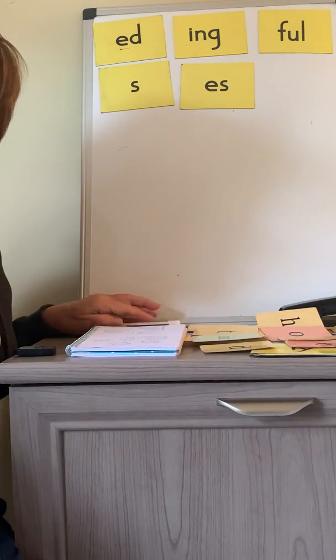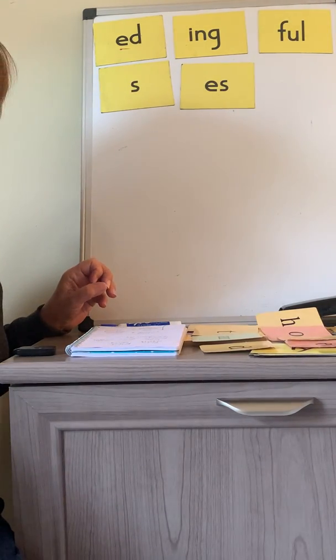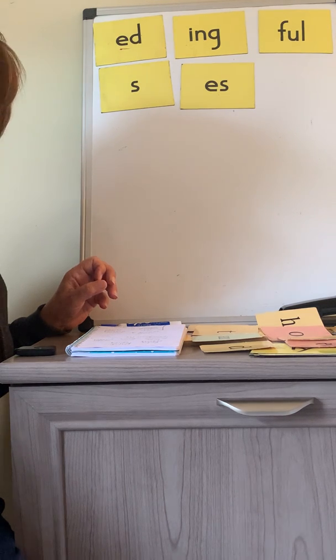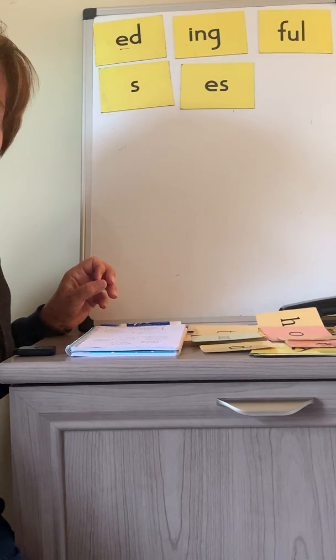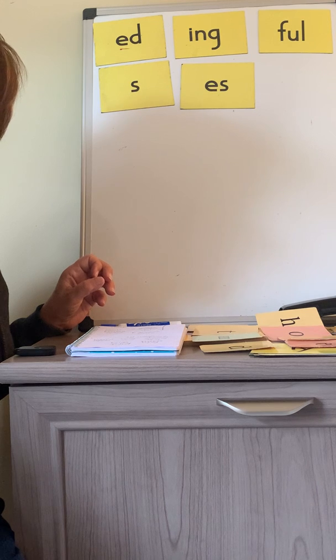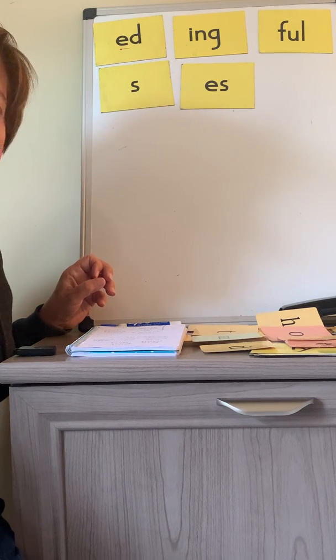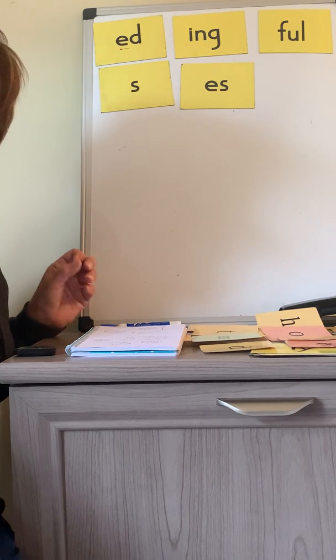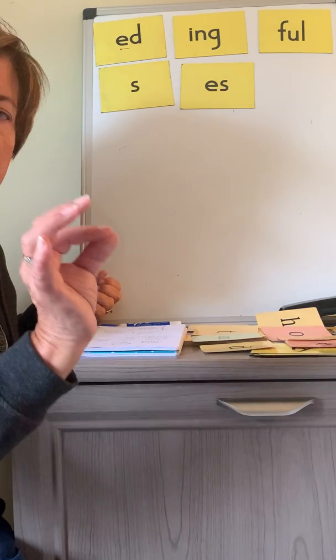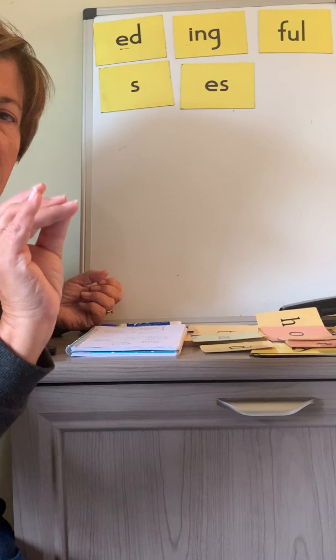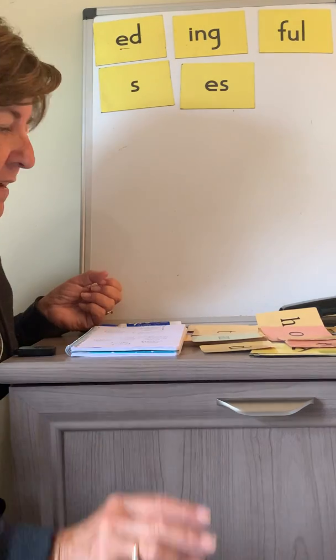We know that most closed short vowel syllable words, all we have to do is add the suffix on the end. So for instance, if I am building the word stand, I would tap it s, t, and d.